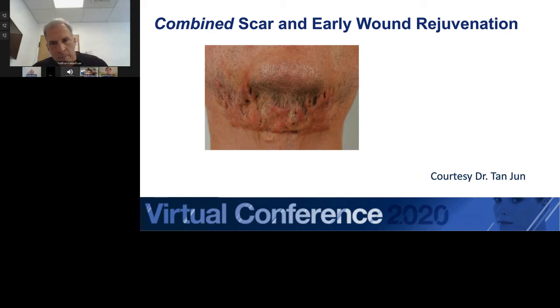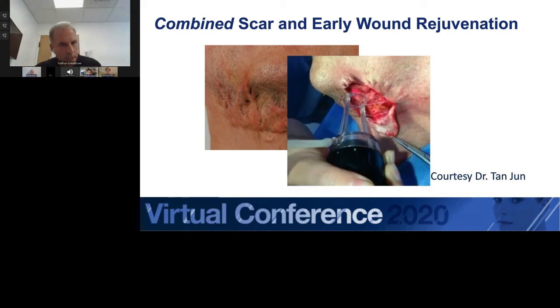We took this patient and we're able to fillet open the scar, debulk it, but then immediately during surgery, laser with the CO2. I've done this a number of times now, and it seems to make a difference in terms of how the scar finally heals.